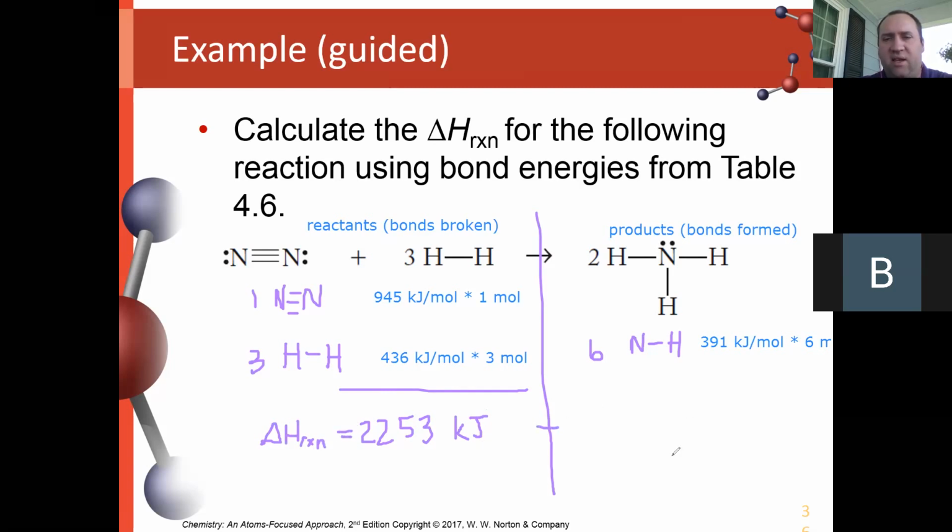On the product side, 391 times 6 gives me 2,346 kilojoules.